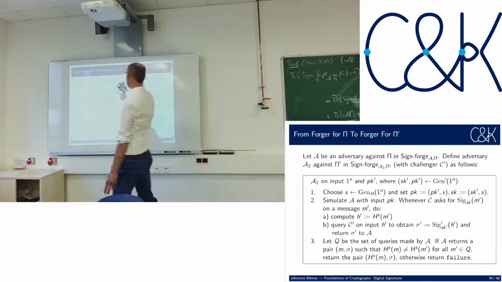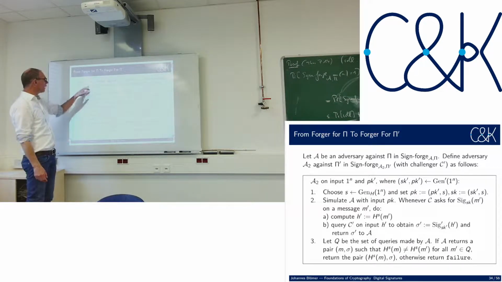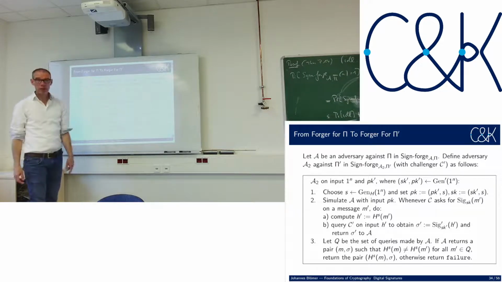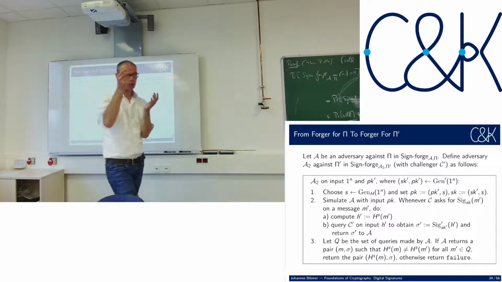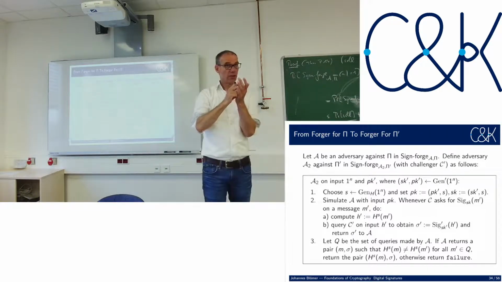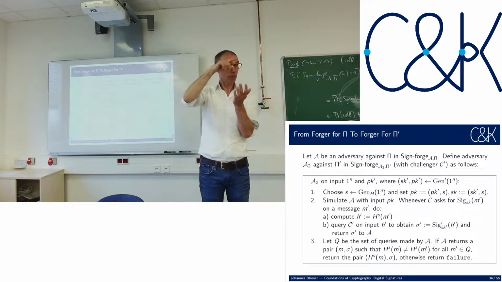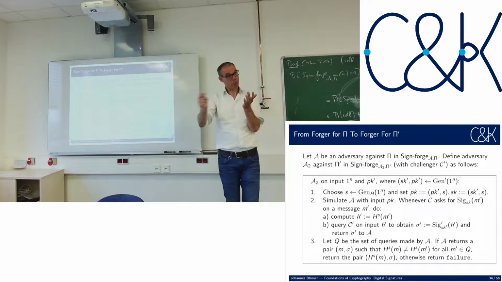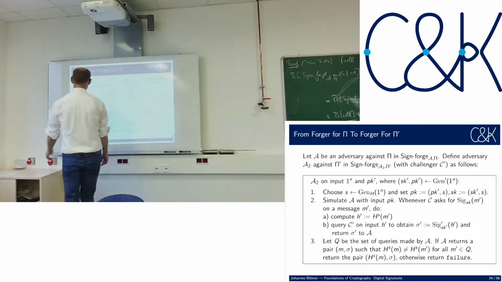So let A be an adversary against pi in sign forge again, and we now define an adversary A2 against pi prime in sign forge. This A2 has its own challenger that it can query for signatures, but signatures on messages for pi prime, so it gets signatures according to pi prime, not pi. But as we'll see, that's easy to handle.